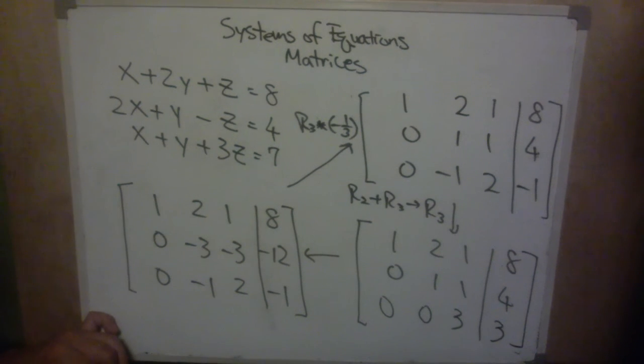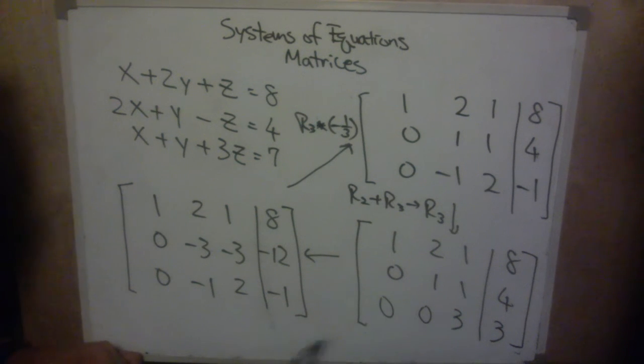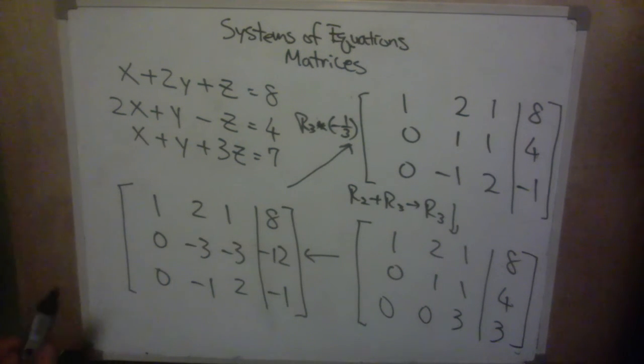Like that. So things are looking good. We got 1, 0, 0, 1, 0, like that. And now I want to make this guy equal to 1. So let's do that.